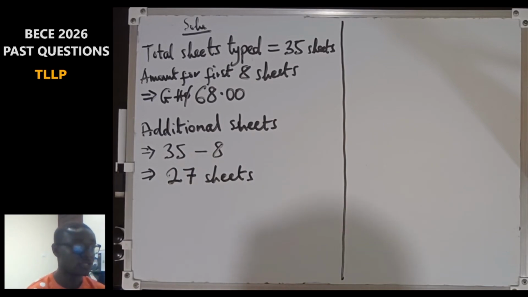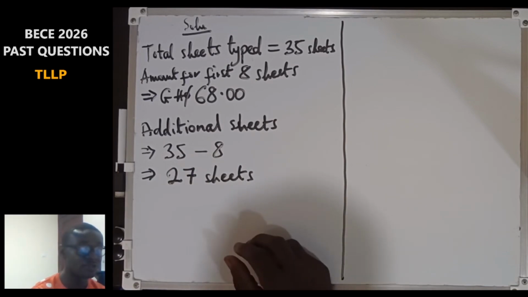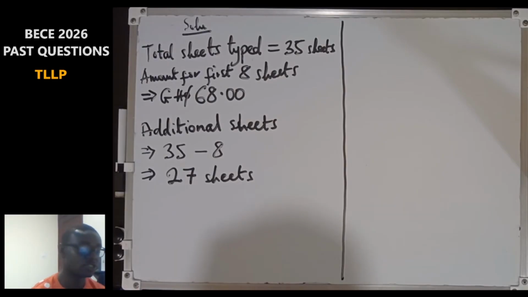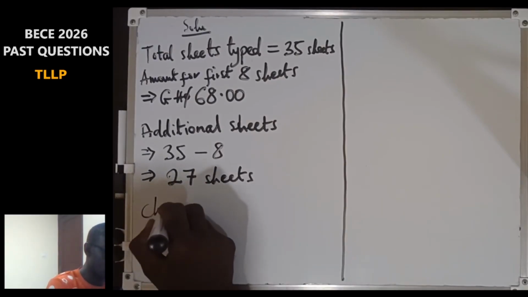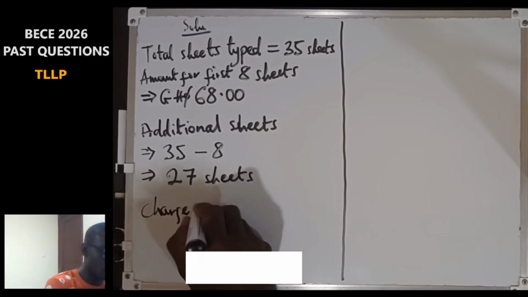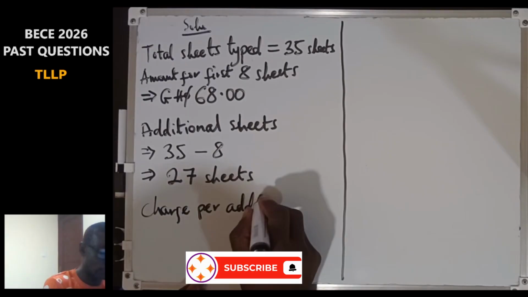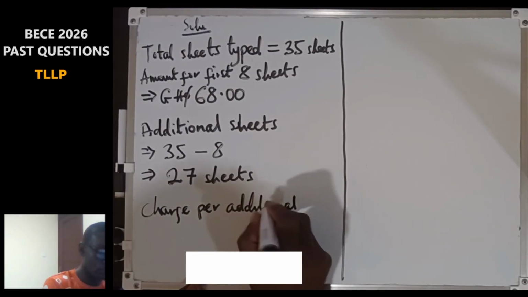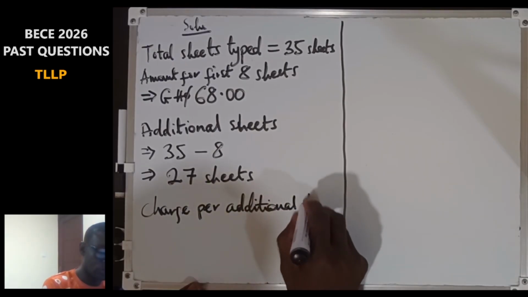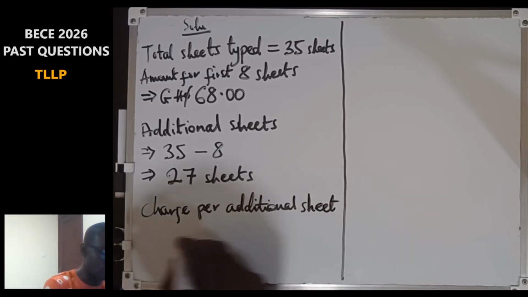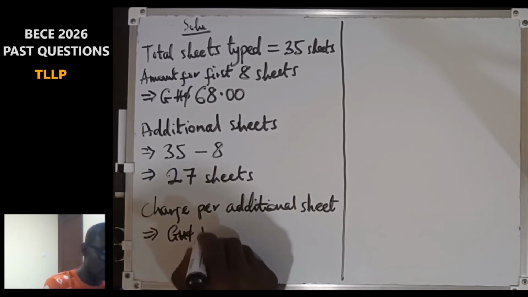And we know that she charges 11 cedis per each additional sheet. So charge per additional sheet, we know is what? 11 Ghana cedis.